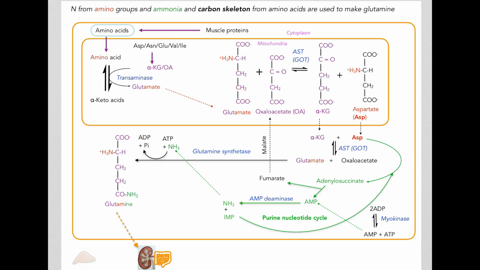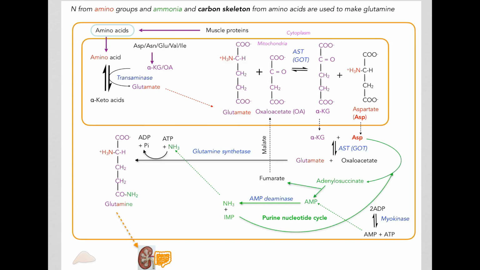The enzyme glutamine synthetase will react this ammonia together with glutamate, and that gives you this amine group, which is part of the amide that is in glutamine.